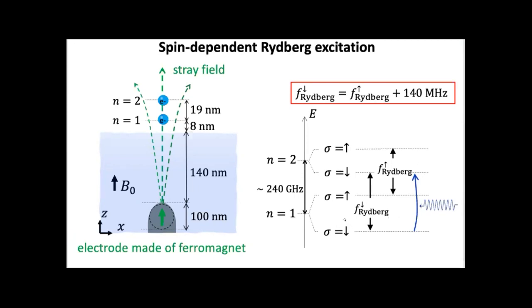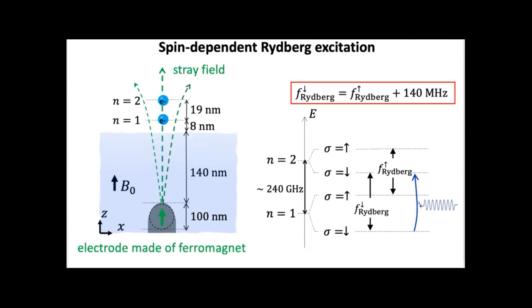If the electron spin state is down, then we need to apply a microwave whose frequency corresponds to this energy difference. But if the spin is up, this energy is different from the energy when the spin was down by 140 megahertz.